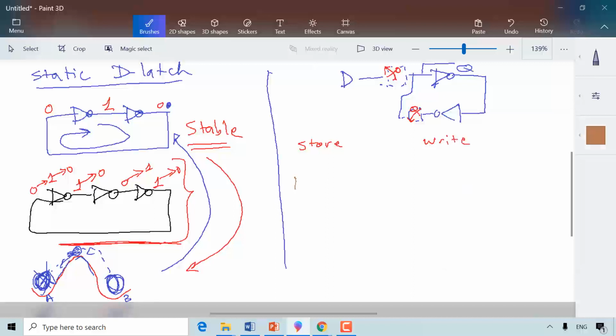This is my input, the first switch has to be open, and the feedback switch is closed.